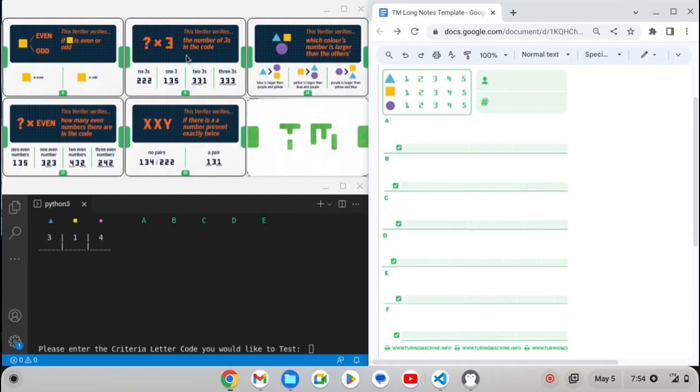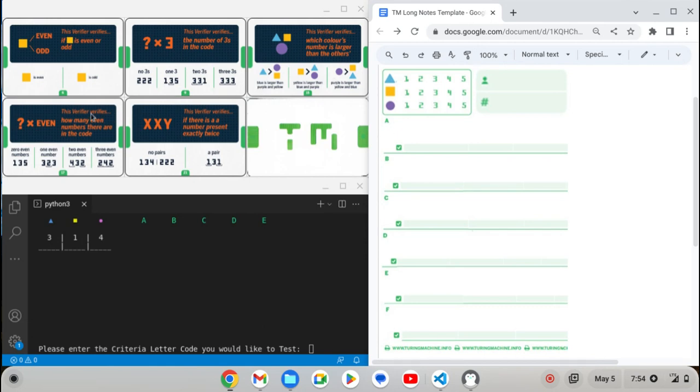Criteria B allows us to determine the quantity, the number of 3 digits in our code. Are there 0, 1, 2, or 3 digits in our code? Criteria C allows us to determine which of the 3 digits is the largest. Could it be the triangle that's the largest, or the square, or the circle?